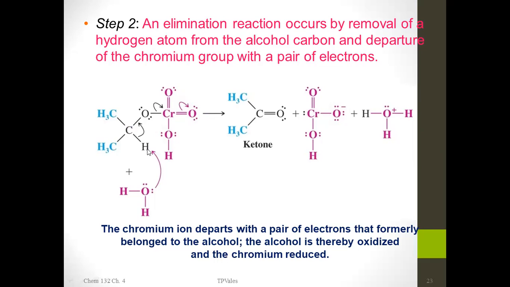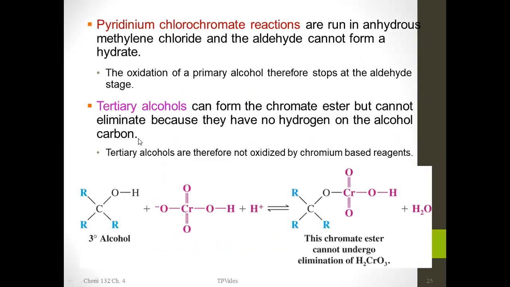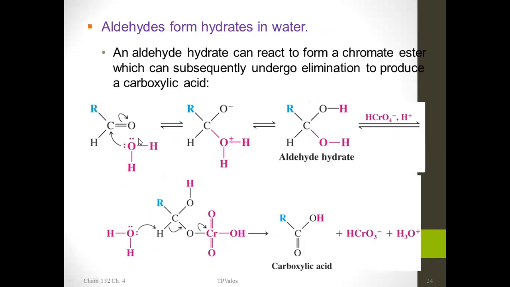It will abstract the hydrogen, and then you will get your Cr, C double bond O, this one, OH. Okay, so once you have this aldehyde, it will again abstract this one, and you get your double bond O, OH, chromium OH, you get your carboxylic acid. So you have your water.